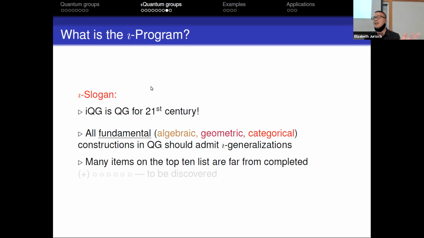These are just a very small list of the work I mentioned. Also, there are many more things. If you hear my talk at a different time, my top 10 list will evolve.